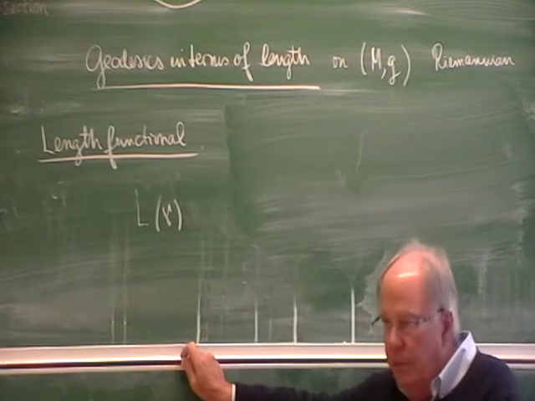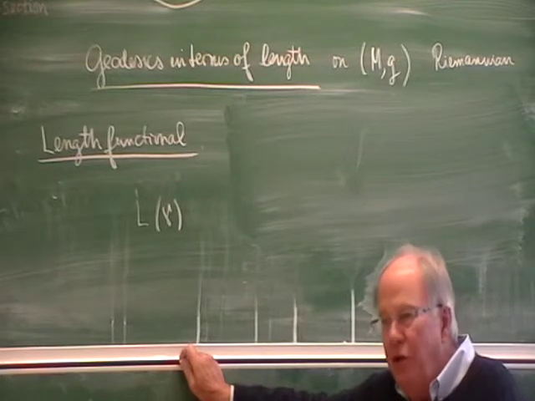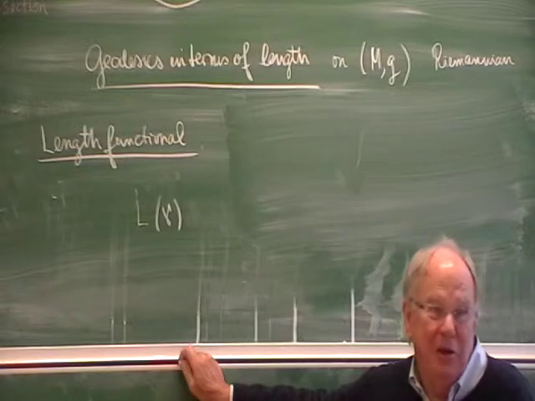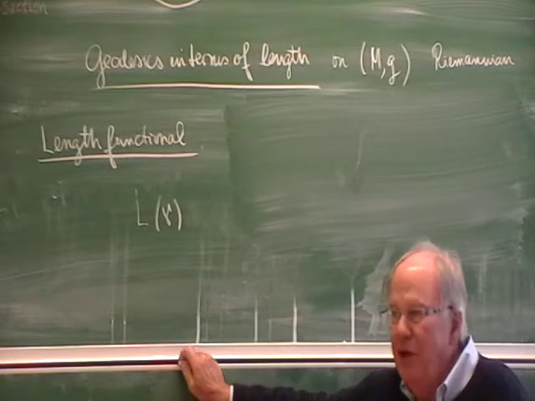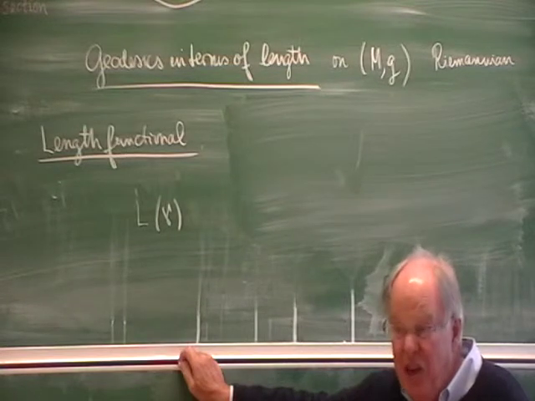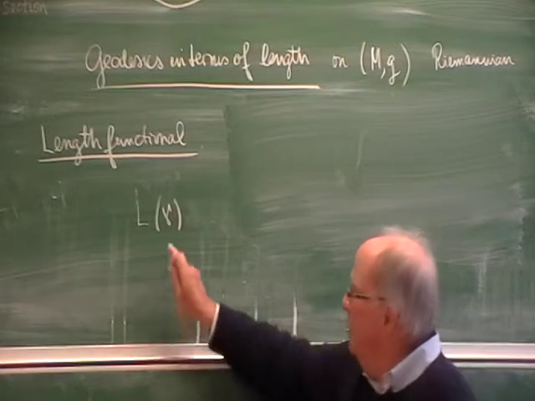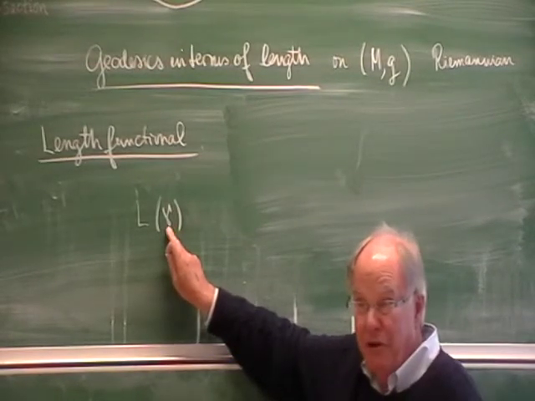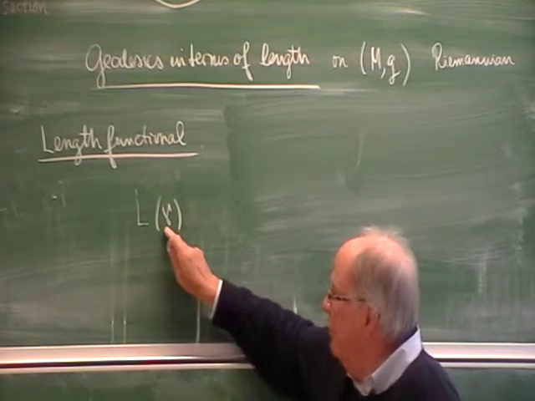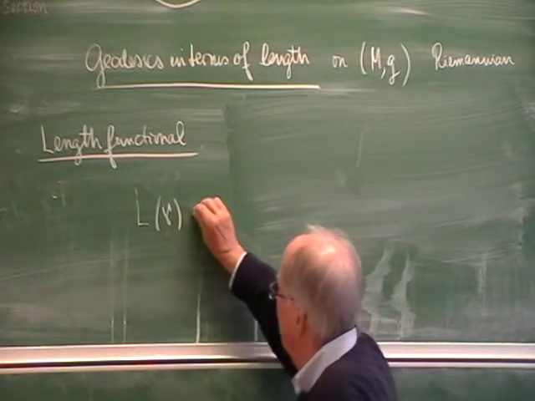Some of you are learning real analysis now: anytime you hear the word functional, it means a linear function on an infinite dimensional space. And of course, the space of smooth curves is really infinite dimensional. So the length is going to be a functional on the space of curves. Maybe not linear, but a function.